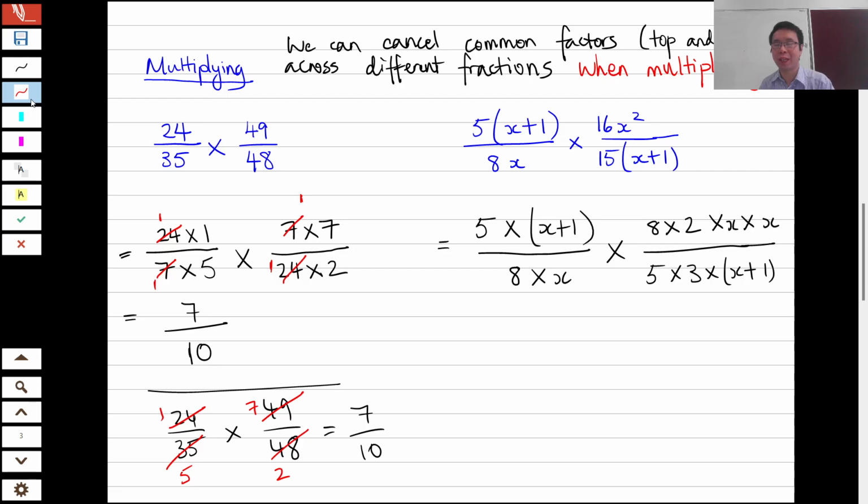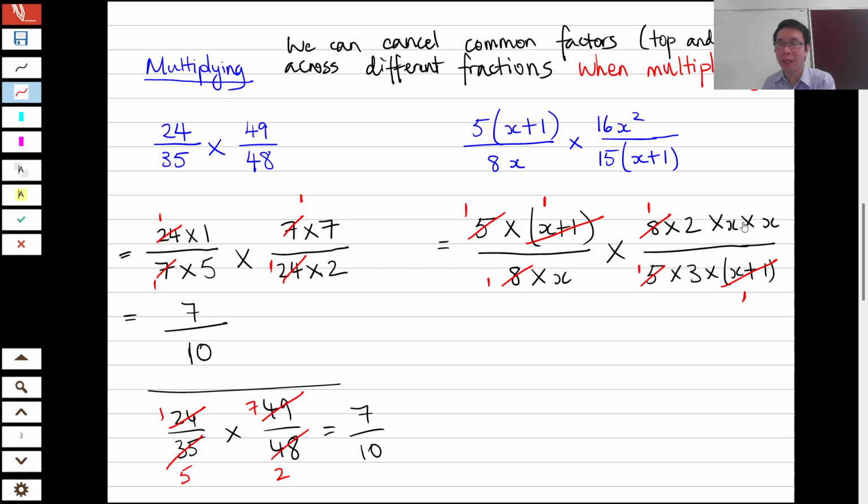And now we can use the cancellation rule. So let's look for some common factors. The 5 and the 5 here, those are going to cancel. The 8 and the 8, that's going to cancel. The x plus 1 and the x plus 1 is going to cancel.